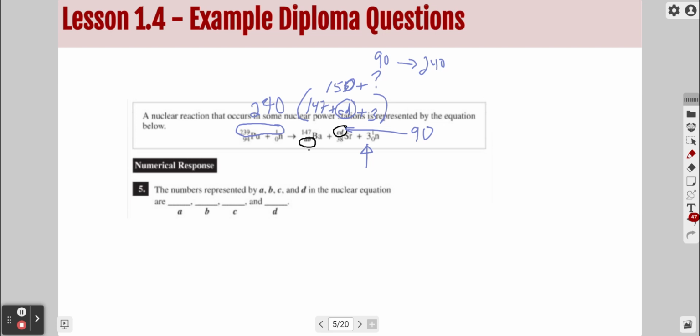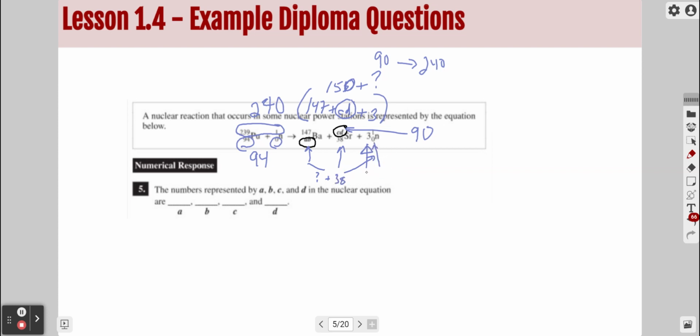All right, then we need to look at our atomic number and try and figure out the atomic number for beryllium. We have 94 on the bottom and 0. So this side total is 94. So we need this side to add up to 94 as well. So right now we have the unknown AB, and we have 38, and we have 0 here.